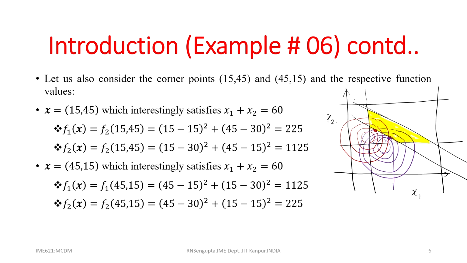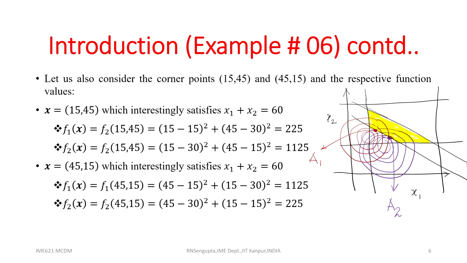This I will denote by A2, A being the optimum point for the minimum case, and the suffix 2 being for objective function 2. The first point is A1, again the optimum point for the minimum case, with suffix 1 for objective function f1. Obviously, both of them start intersecting as they expand.